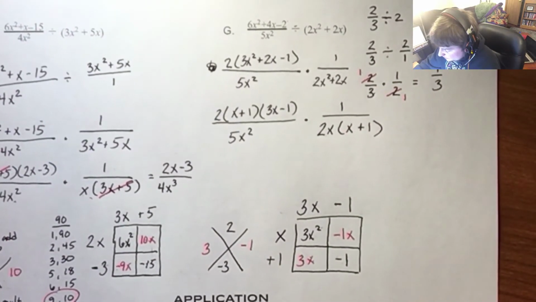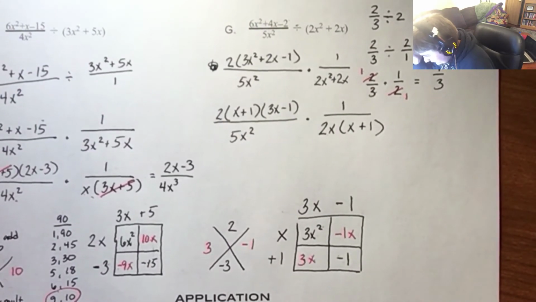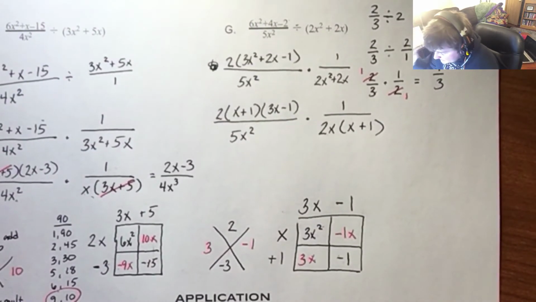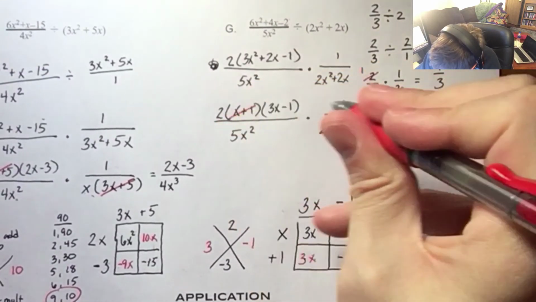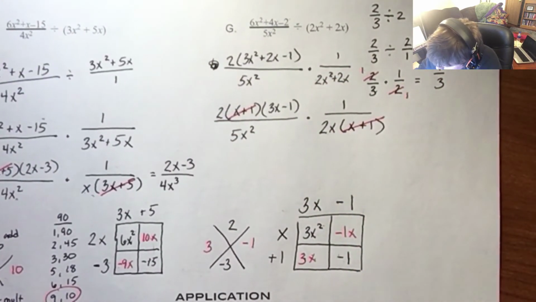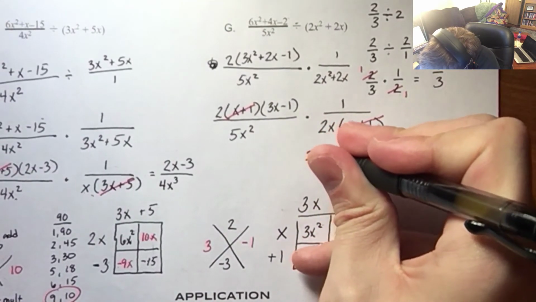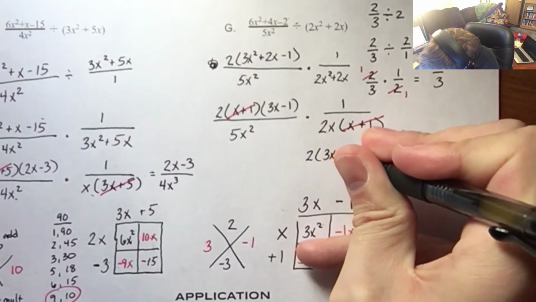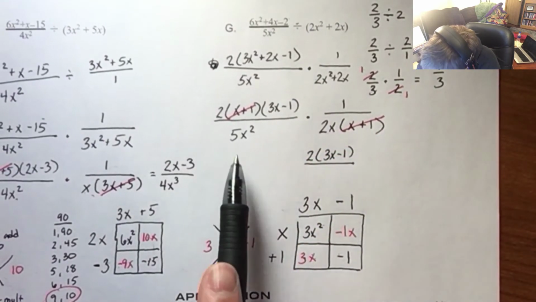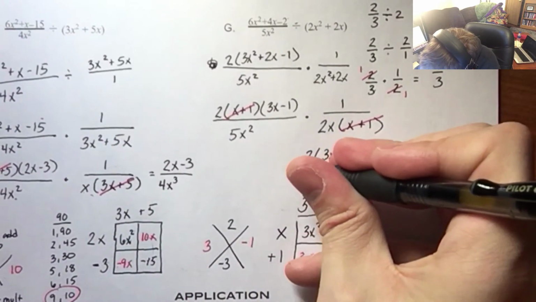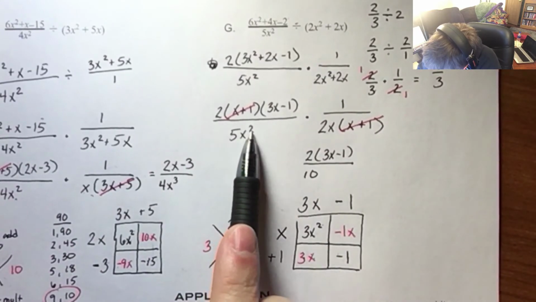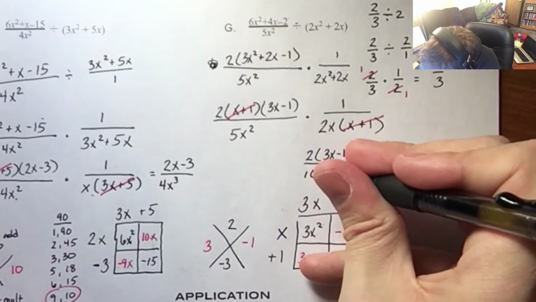So let's cancel where we can. So it looks like x plus 1 is going to cancel here. That's about it. So here I'm going to have 2 times 3x minus 1. And then on the bottom, I'm going to have 5 times 2 is 10. X squared times x is x cubed.